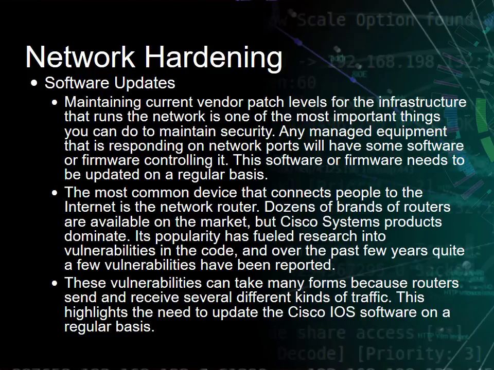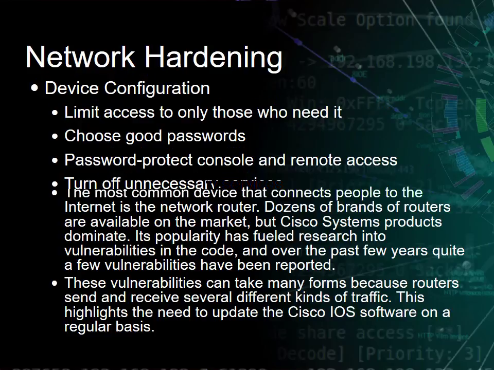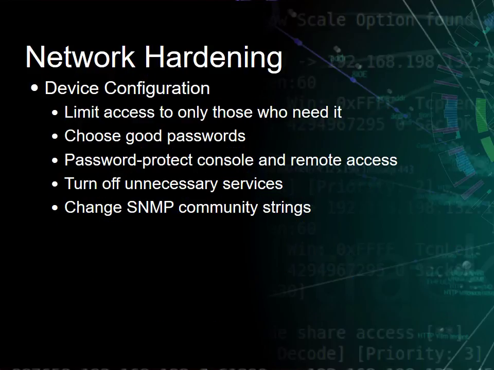You can also make it a contractual obligation that they provide a minimum baseline of security on their devices as part of their corporate contract with you. So once again, just like operating systems, because really this is an operating system, you want to make sure that the device configuration for the network devices is properly done as well. You want to limit access to only those who need access to the network device itself.